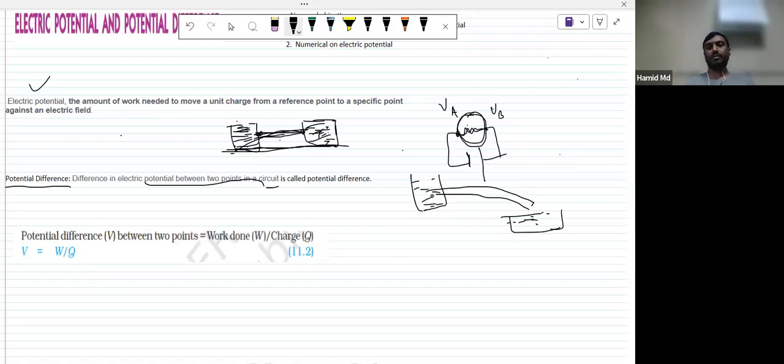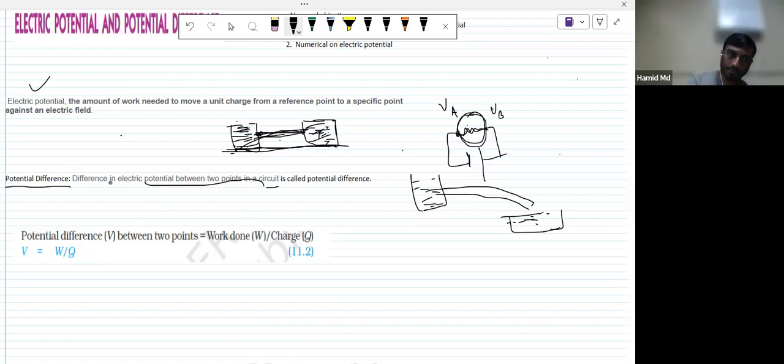In the same way, electric charge will only flow if there is a potential difference. Potential difference is the quantity which helps the charge to flow.